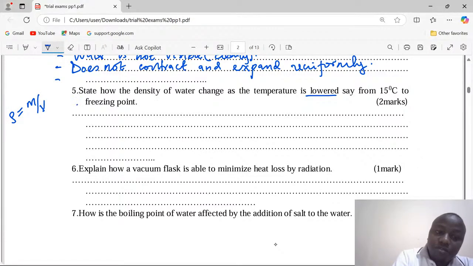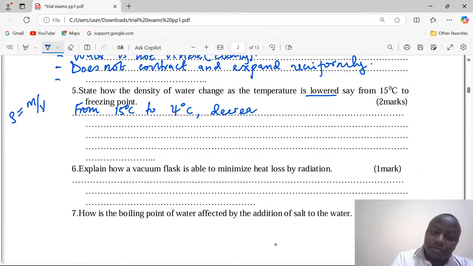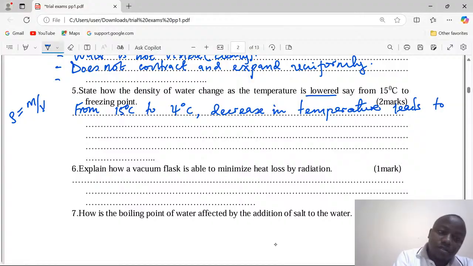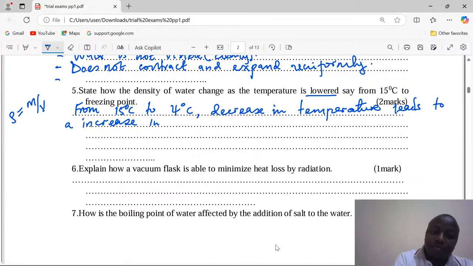So you say from 15 degrees Celsius to 4 degrees Celsius, decrease in temperature leads to an increase in the density of water.